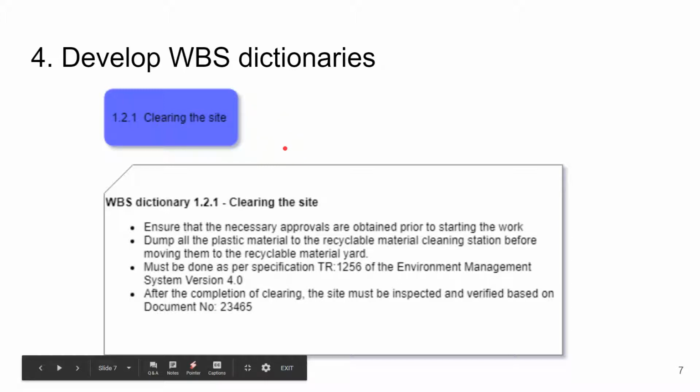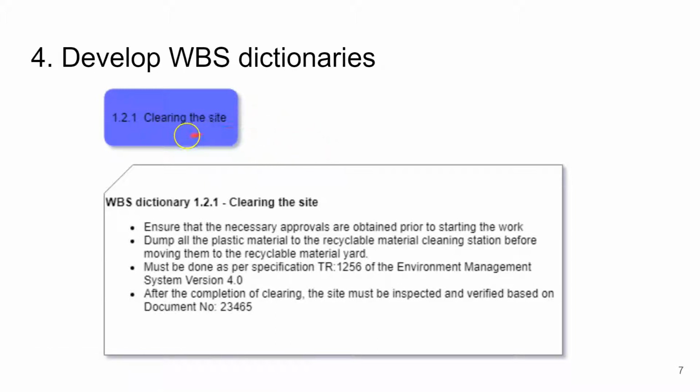This is an example of a WBS dictionary. For the work package 1.2.1, that is clearing the site, this is a WBS dictionary, because a work package may not have sufficient information for the real performance of that work, which may result in stoppage of work for clarifications at the time of execution.